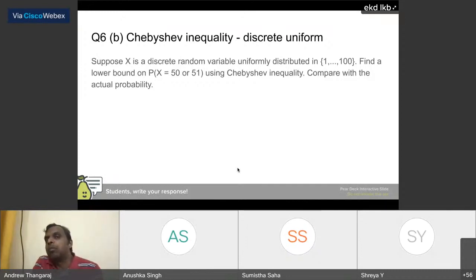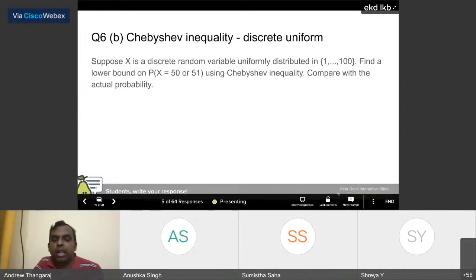So that's the trick. You can get a lower bound for the probability that mod X minus E of X is less than t. That's the trick to do here.